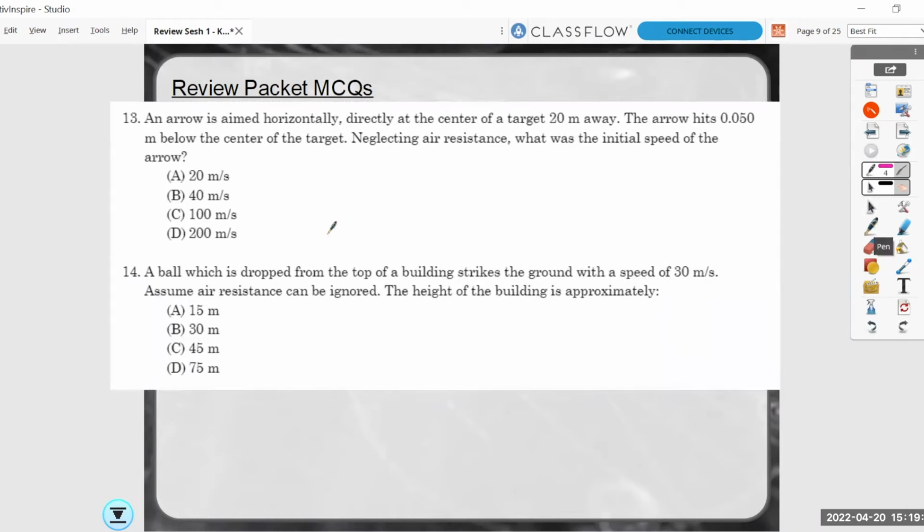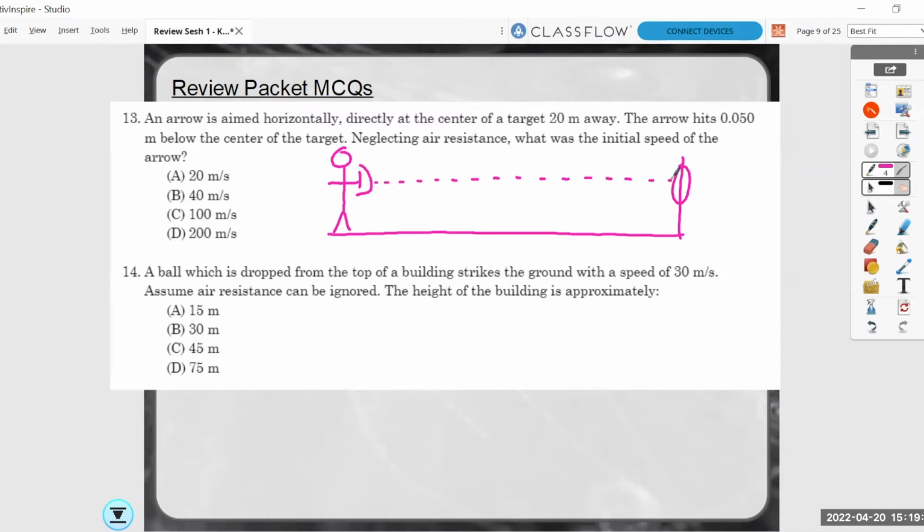Here, we've got an arrow aimed horizontally. I'm going to assume that the person is a competent archer, and that initially they're aiming for the exact center of the target, which is 20 meters away.